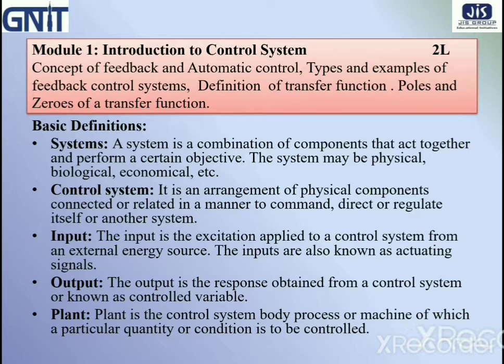And the plant or process. In many places you can see plant or process. The plant is basically the control system body, process or machine of which a particular quantity or condition is to be controlled. So that is basically the plant.